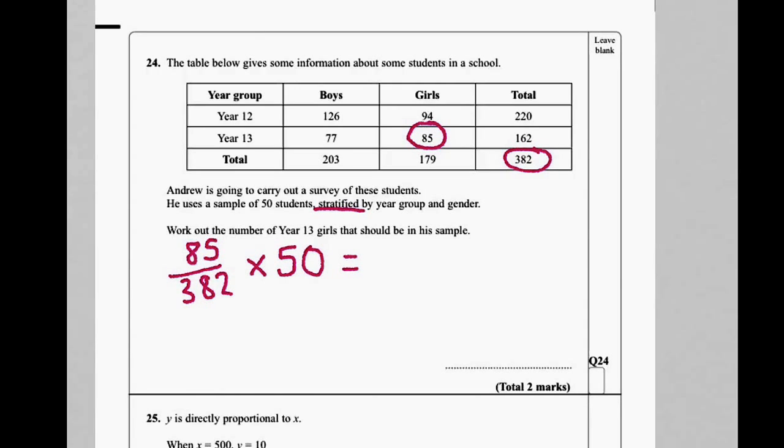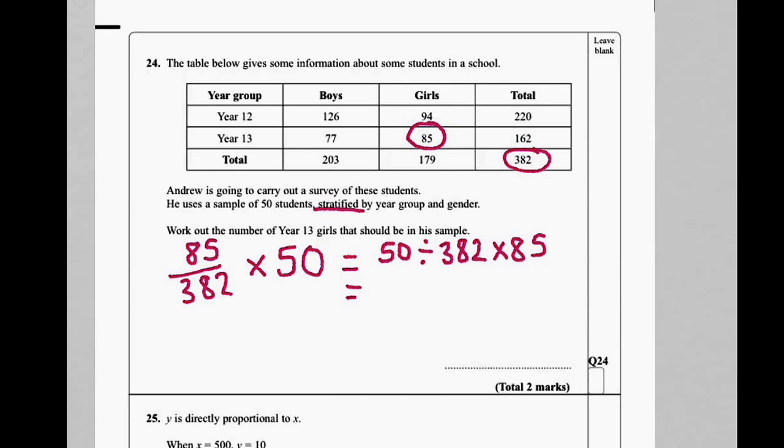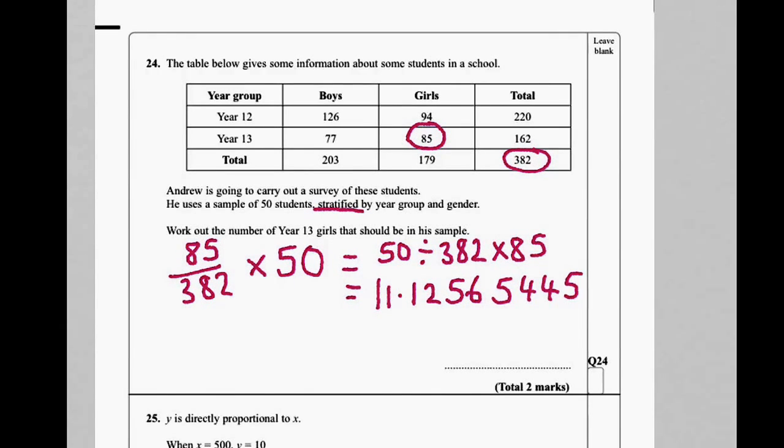And to do that, I do 50 divided by 382 times 85. And I do that on my calculator. 50 divided by 382 times 85 gives me, there should be 11.12565445. Given that these are actual people that they're going to take, I think I'll round that to 11 people.